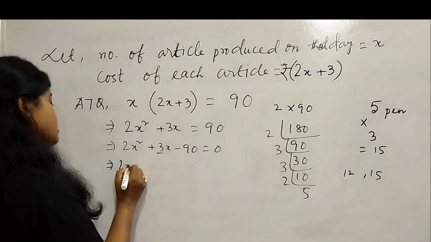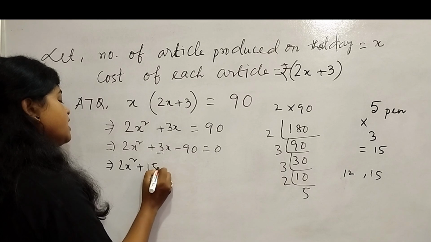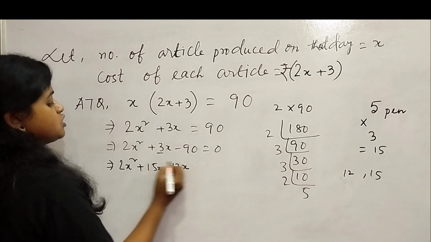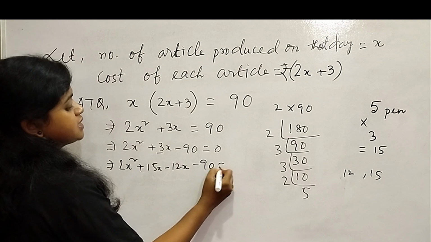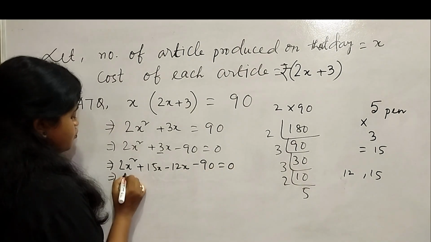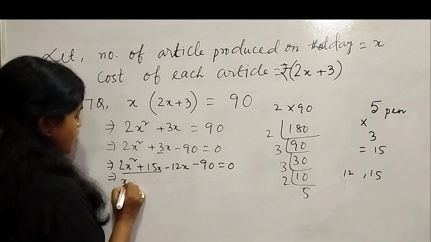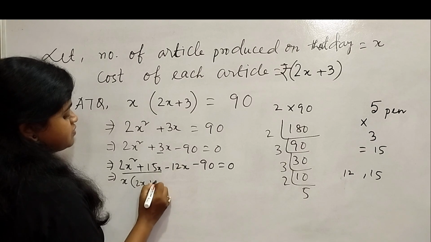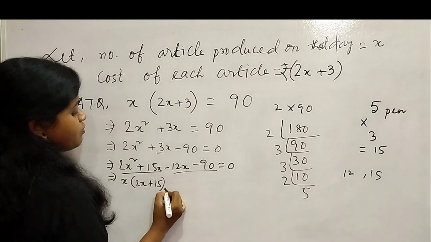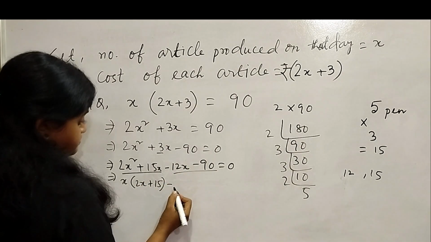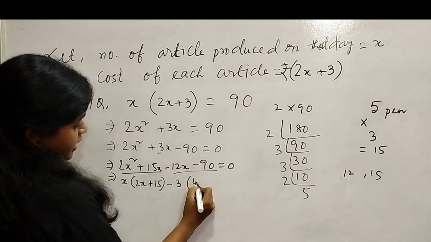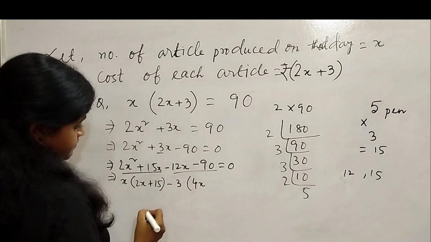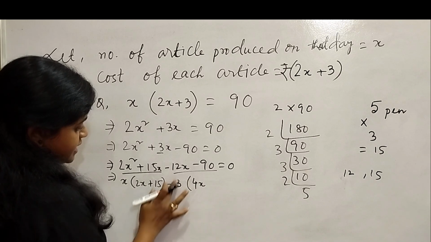So we will write 2x square plus 15x minus 12x, since 15x minus 12x gives plus 3x, and minus 90 equals to 0. From these two terms we will take x common: x times 2x plus 15, and from these two terms we will take 6 common.